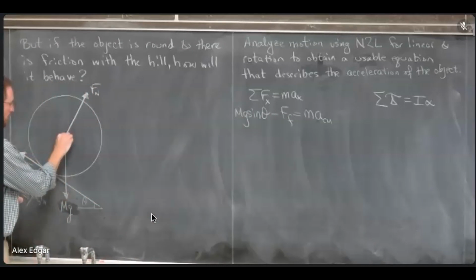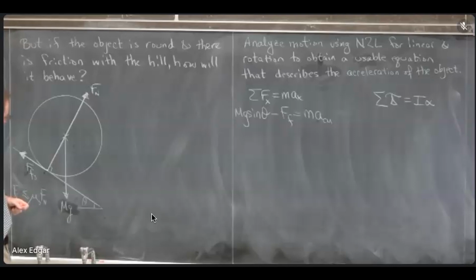If we put the point of rotation at the center, then when we're looking at the torques, what we need is the forces that are a distance away from the center to be adding up for that torque. For the moment, since we have three forces, we'll put all three forces in there for the torque, but then we will systematically eliminate the ones that disappear.